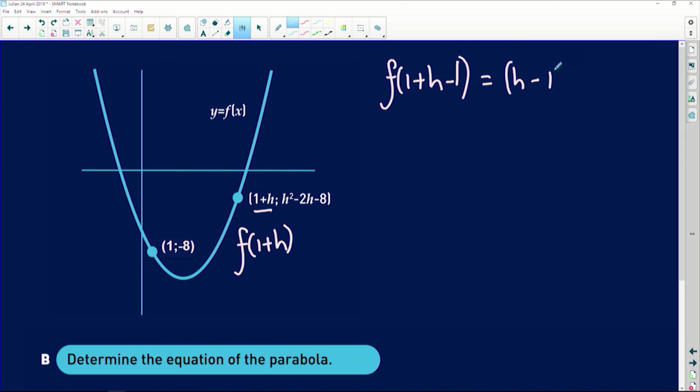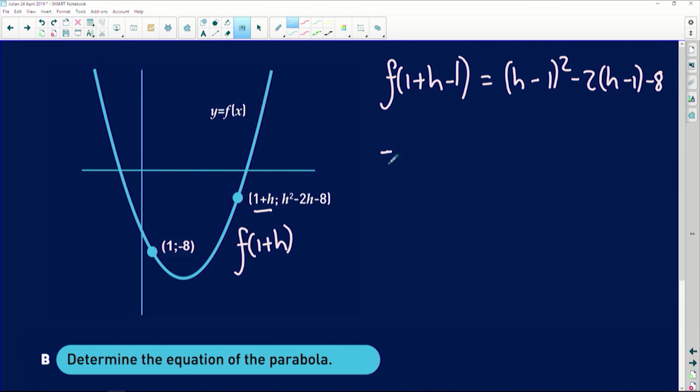So we're going to have (1 minus h) squared minus 2 multiplied by (h minus 1), and then minus h. What we've just done is transform the equation we were given in terms of 1 plus h so that we now have h by itself. So all we're going to do is simplify this, and we're going to finally get the equation of the parabola.